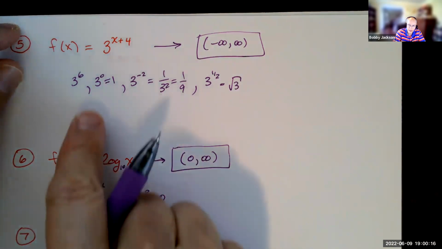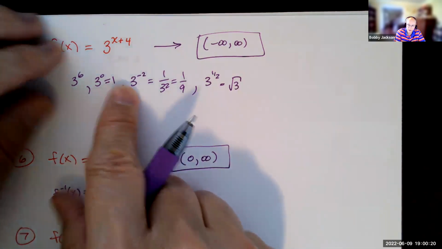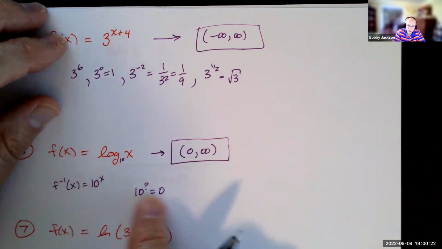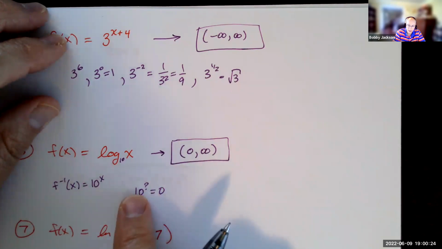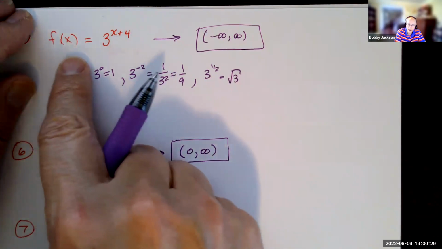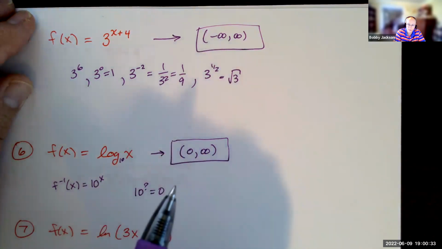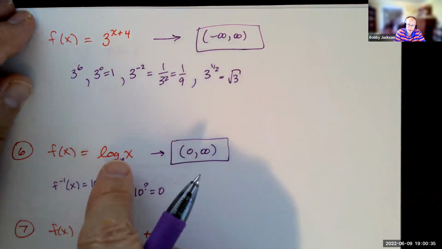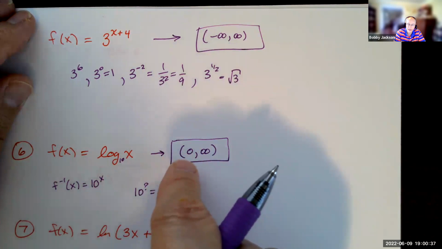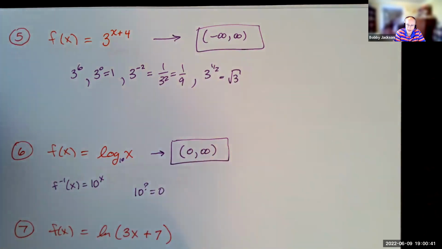It's not 0 power, because 10 to the 0 power, just like 3 to the 0, would be 1. There is no power. In fact, the range for any exponential function is everything greater than 0. So we can't take the logarithm of any value that is 0 or, of course, negative.